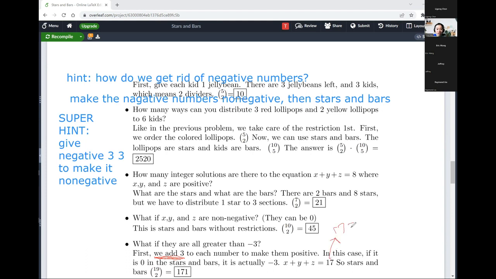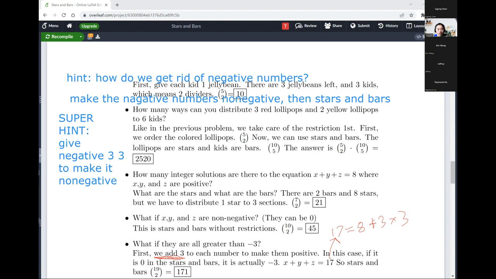This is like giving each kid 3 candies because they all want at least 3 candies. But after we add 3 to x, y, and z, we have to add 3 to the other side of the equation. So it turns into x plus y plus z equals 17 because it was originally 8, but now I have to add 9, so it's 17.